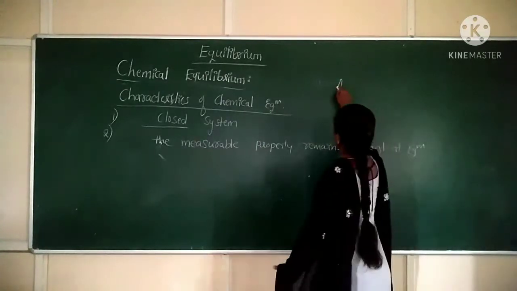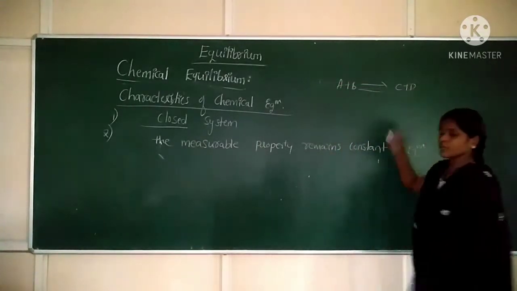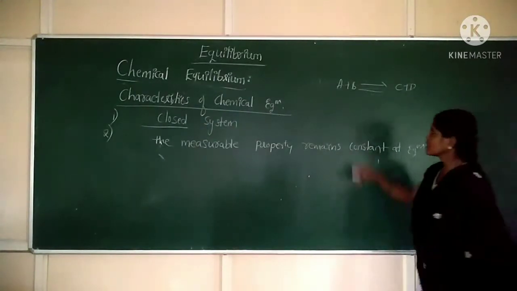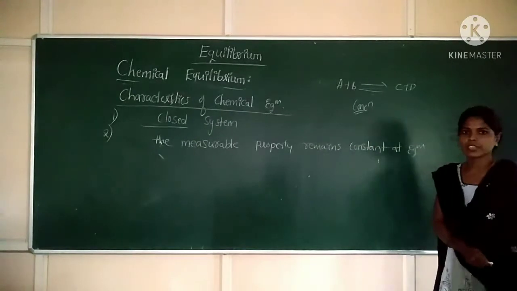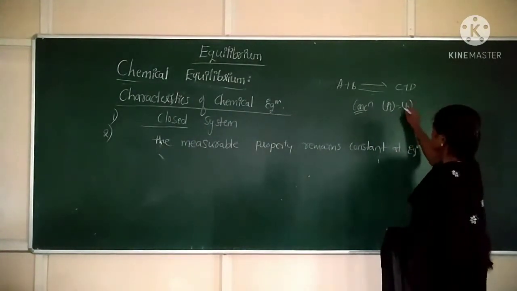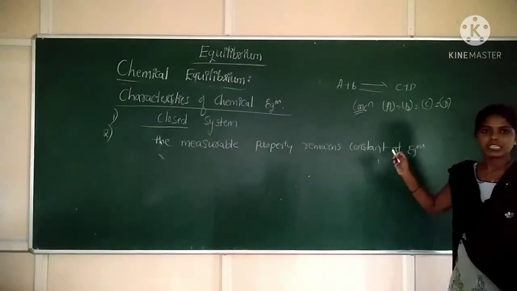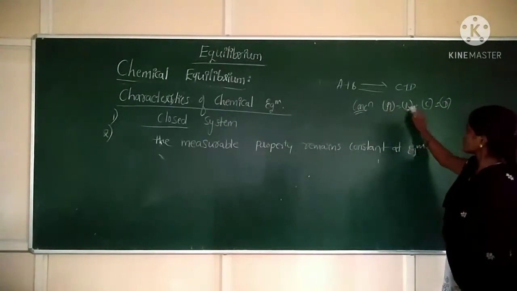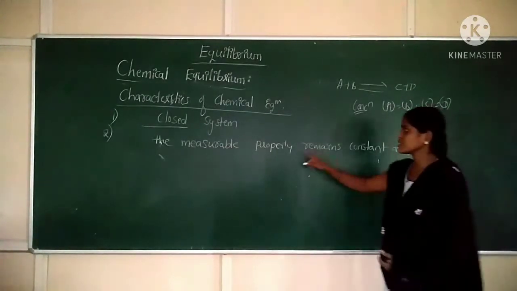Just now I have taken that A plus B gives C plus D. What is the measurable property here? Concentration. Correct? At equilibrium, the concentration of A, B, C and D will be what? Equal.